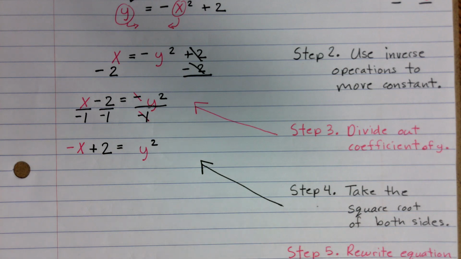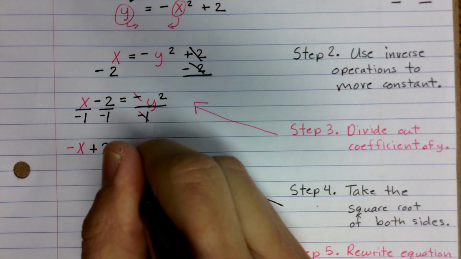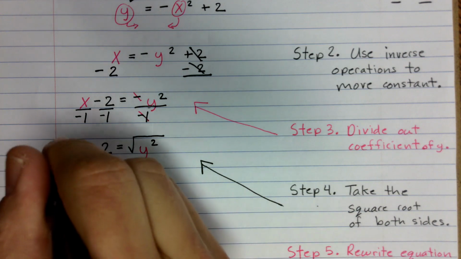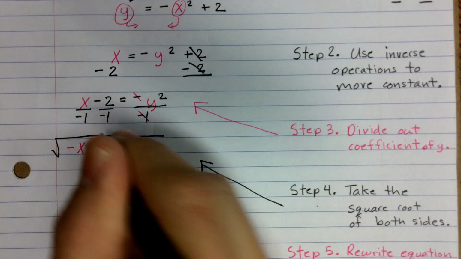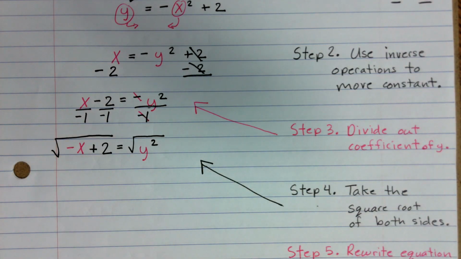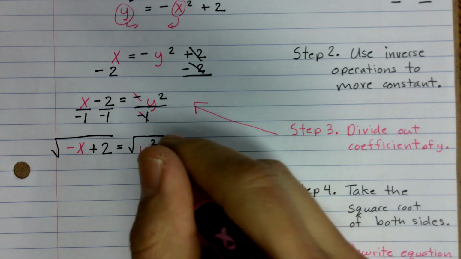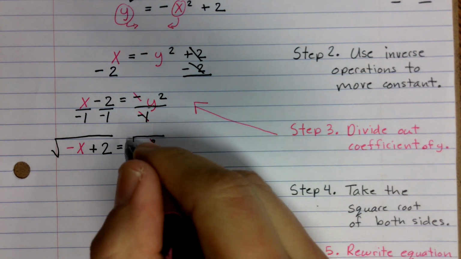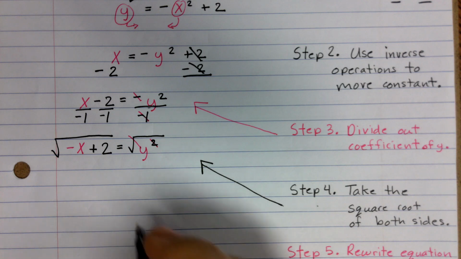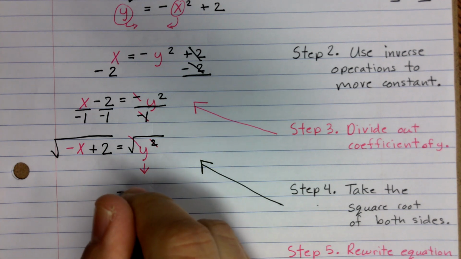That basically unsquares it. So I'm going to write a square root symbol over it. I'm also going to do it to the left side, because whatever we do to the right, we have to do to the left as well. And notice that cancels out the 2. So my radical cancels and my 2 cancels, and I'm simply left with y all by itself.